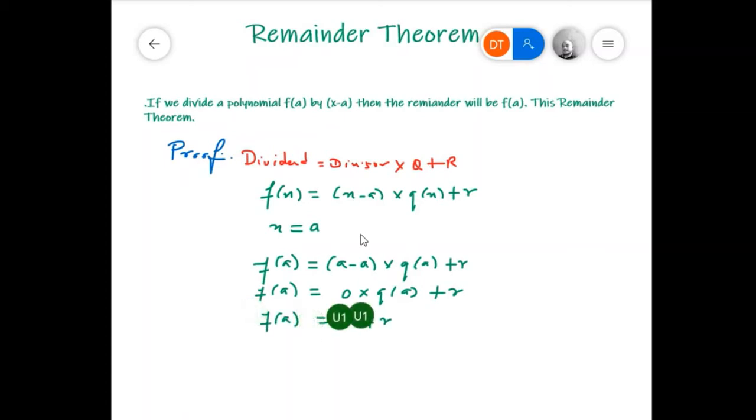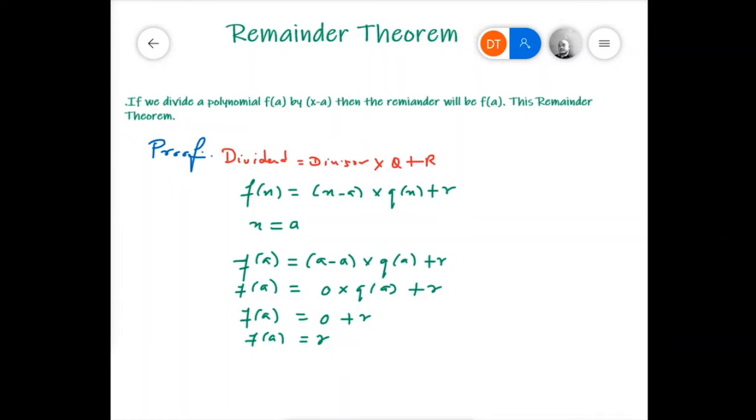Therefore f of a equals r, where r is the remainder. So if we divide a polynomial f of x by x minus a, then the remainder will be f of a. This is the proof of the remainder theorem.